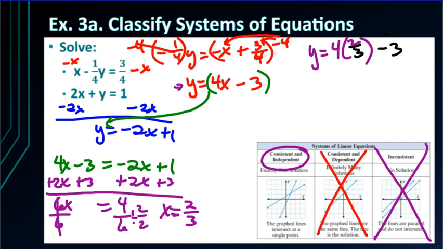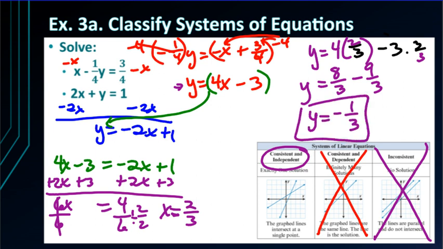So 4 times 2/3 would give us 8/3 minus, this would be 9/3. There's 3, I'd have to multiply this by 3/3. 8/3 minus 9/3, y would equal a negative 1/3. So my solution would be x equals 2/3, y equals negative 1/3. And we said it would be consistent and independent.